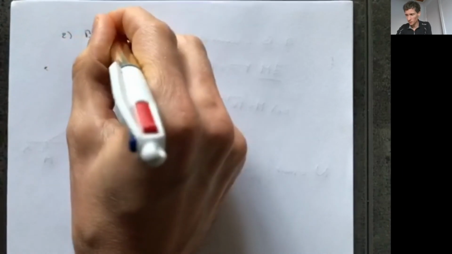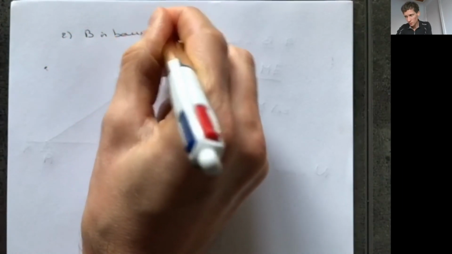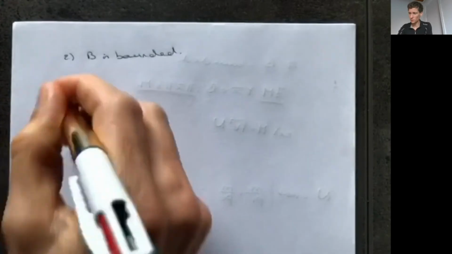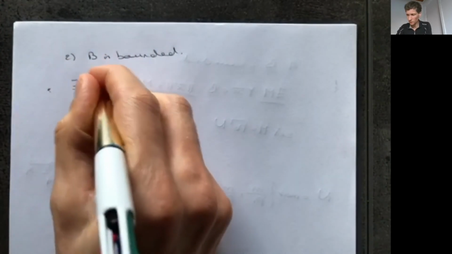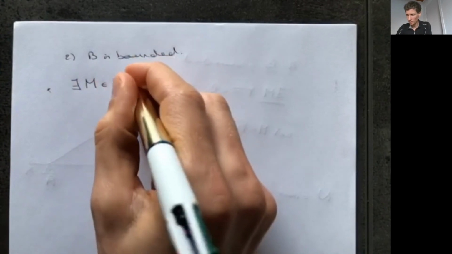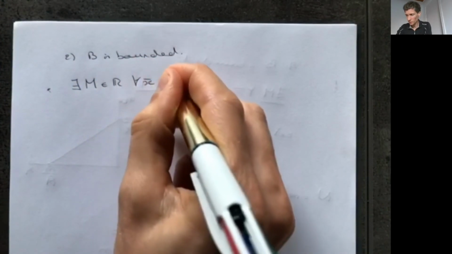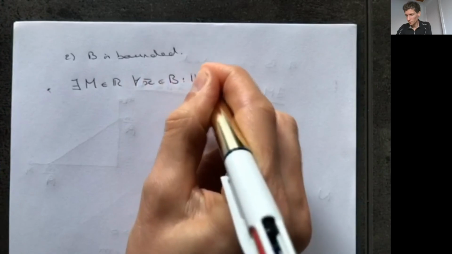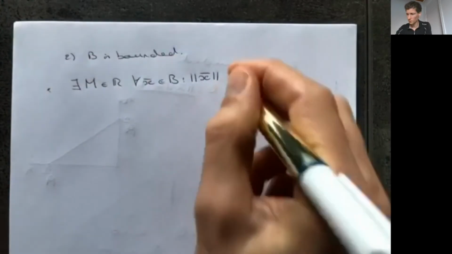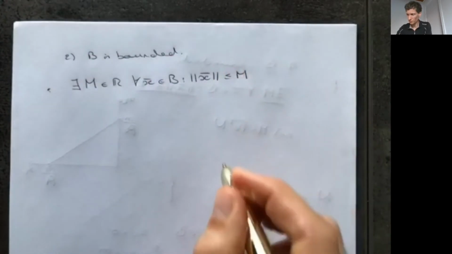The final thing that we need to show is that this budget set B is bounded. What's the definition of bounded? We have to find a number, let's call it m, such that for all bundles in the budget set, the norm of the bundle is lower or equal to m.